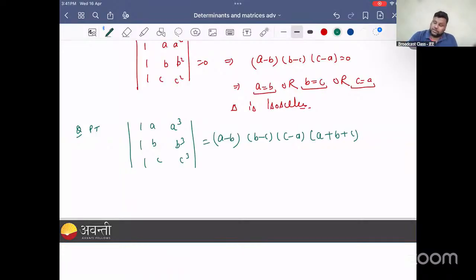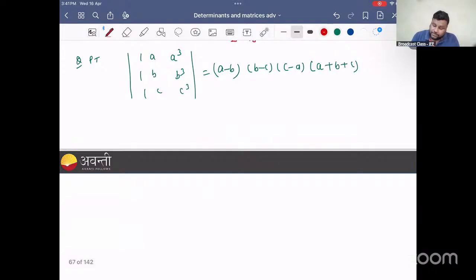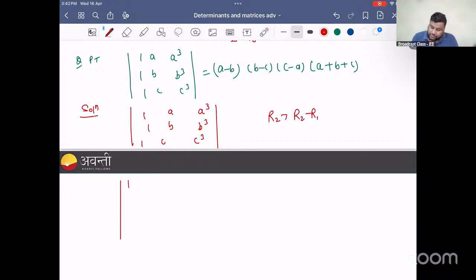Now, first of all, again, same approach. See the solution. They provided you 1, a cube; 1, b cube; and 1, c cube. Now let's apply the operation. R2 you can write as R2 minus R1. R1 is 1, a square, R2 will be 0, b minus a, b cube minus a cube. Zero, c minus a, c cube minus a cube.